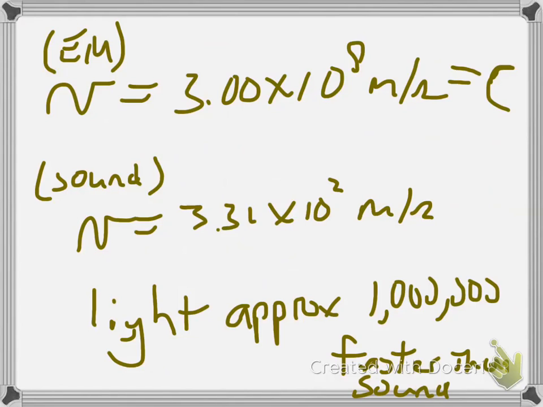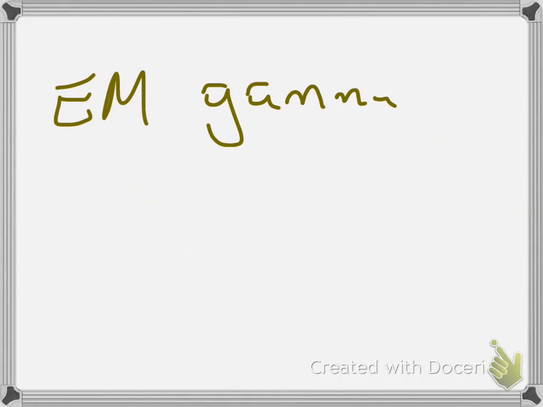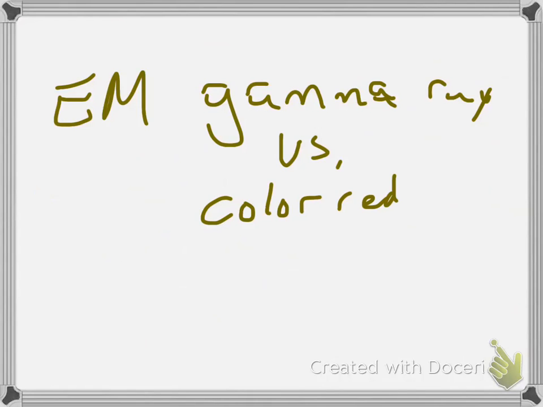Now, a couple other differences. In terms of EM waves, what makes something a gamma ray as opposed to the color red is simply a difference in frequency and wavelength.